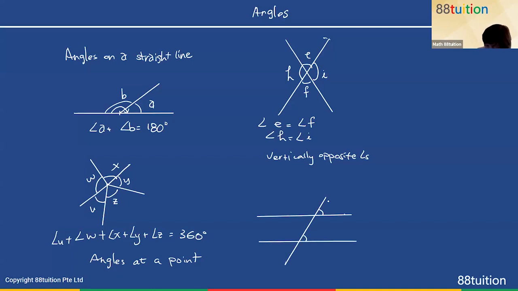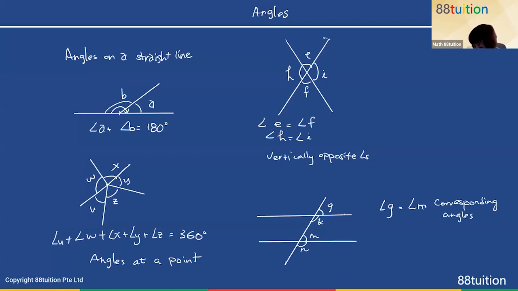For example, we have G, H, K, M, and maybe this is N. Probably I put it N. Now I want to say that angle G will be equal to angle N because they are corresponding angles. Okay, angle G and N.